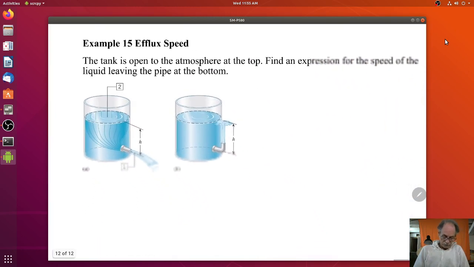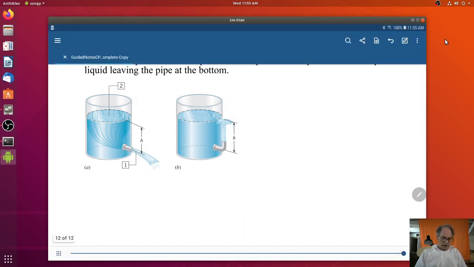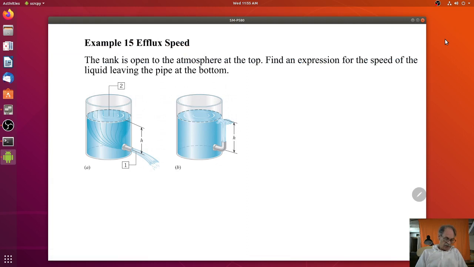Okay. So, this is a little application of Bernoulli's equation. This is an emptying tank, a common situation.